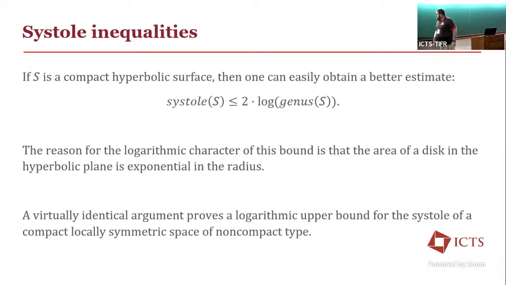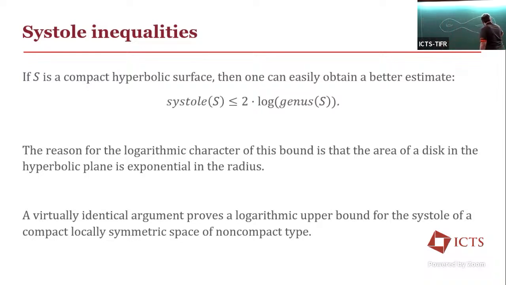And so I'll show you just the general idea where this logarithm comes from. So take your surface, take a point on it, take a little disk centered at that point.